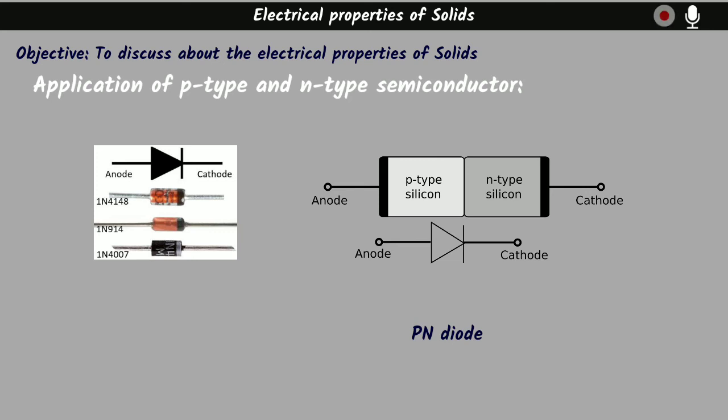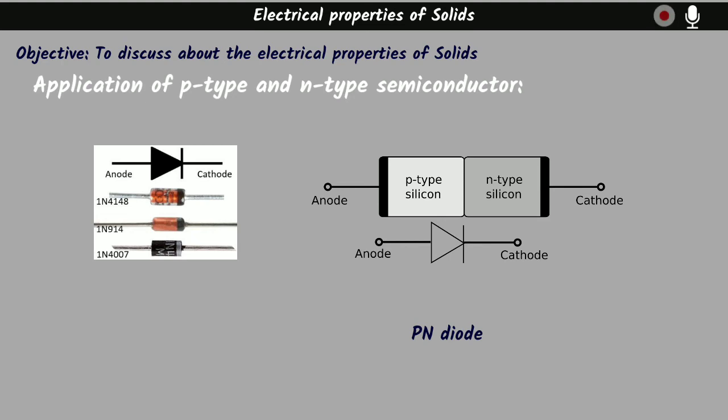Or sometimes these diodes are also used as a switch, to switch off an electronic device, not the switch in your home. That means the fan switch or the light switch is not a diode, but diodes are used in electronic circuits, and in electronic circuits they act as a switch.